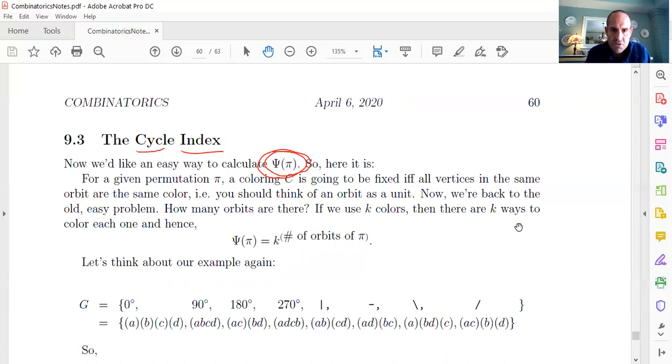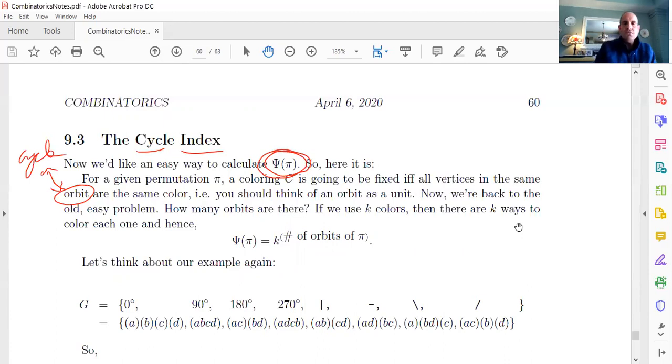So we want an easy way to do this, so here it is. Given a permutation and a coloring, think about it for a second. A specific coloring is going to be fixed if and only if all vertices in the same orbit are the same color. And by orbit, it's analogous to a cycle.